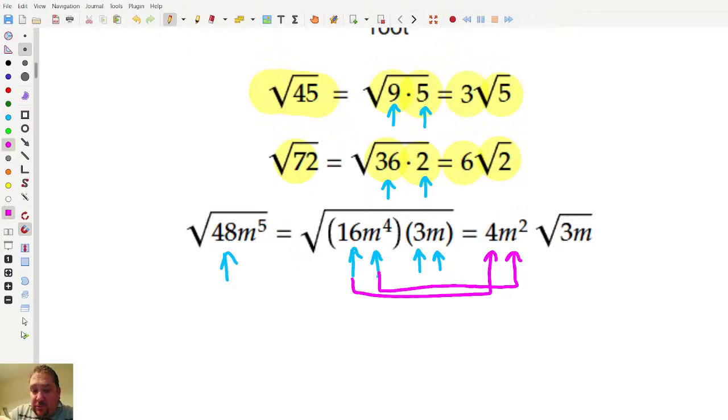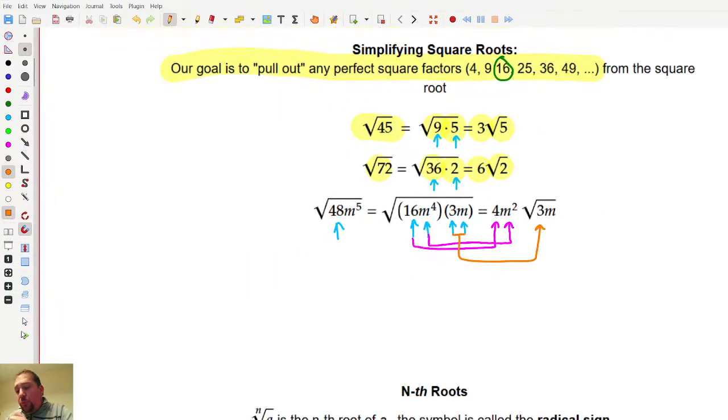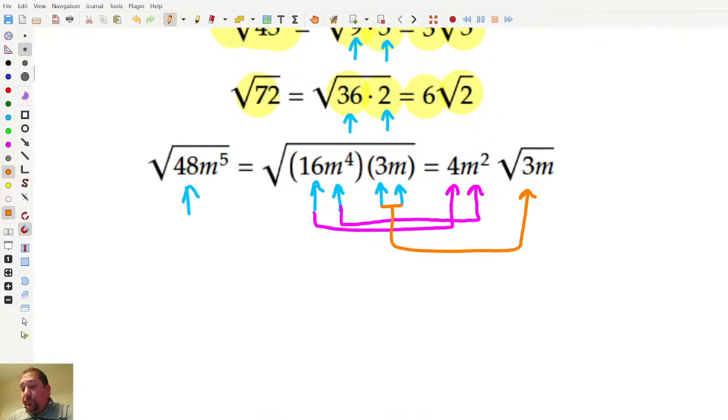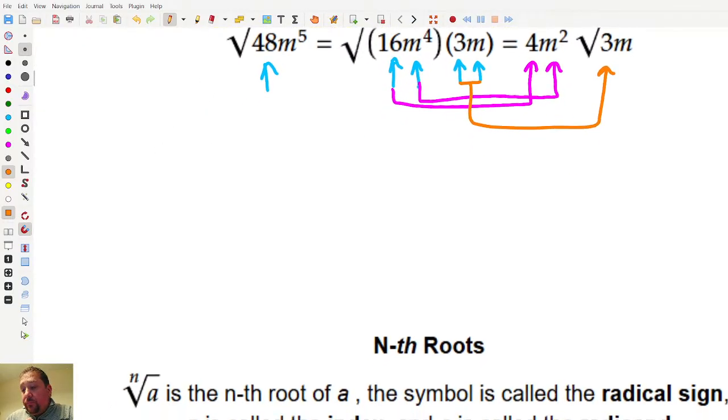And then these two factors right here stay inside the square root. So with a variable, we want to find inside of square roots groups of 2. There were 2 groups of 2, so really we have m to the fourth with the leftover m.